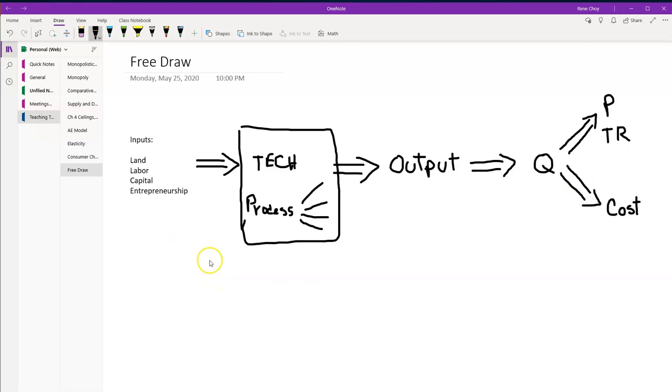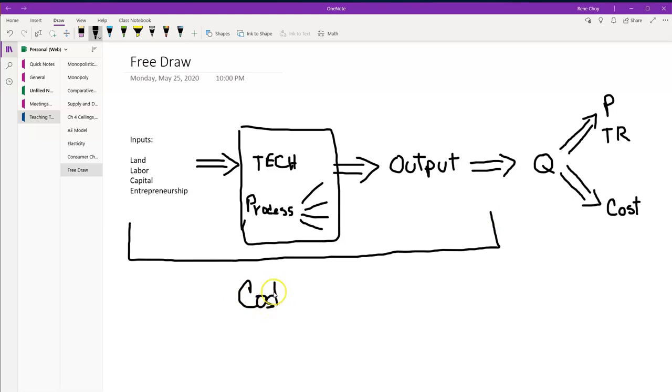All right. Now, at some point today, we're going to be trying to establish the basic costs of production, and we're going to be talking a little bit about profit maximization.